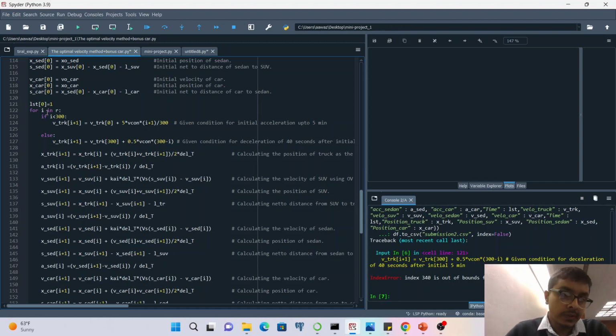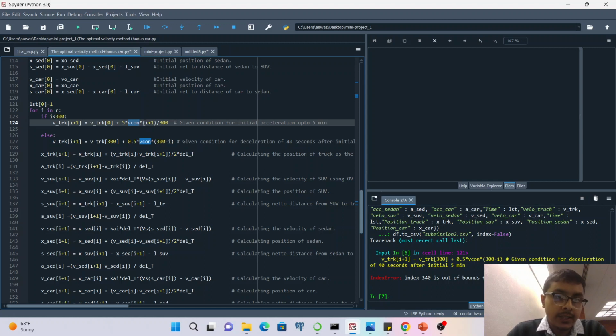So we have two if-else conditions here. In this part of the equation, this is the previous velocity, here is the slope of the velocity-time curve, and v conversion is the conversion factor.